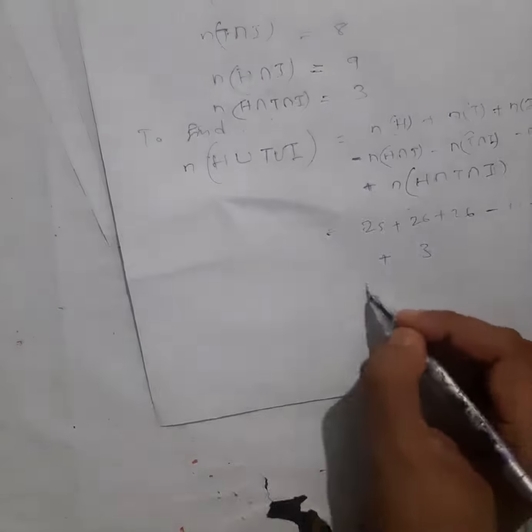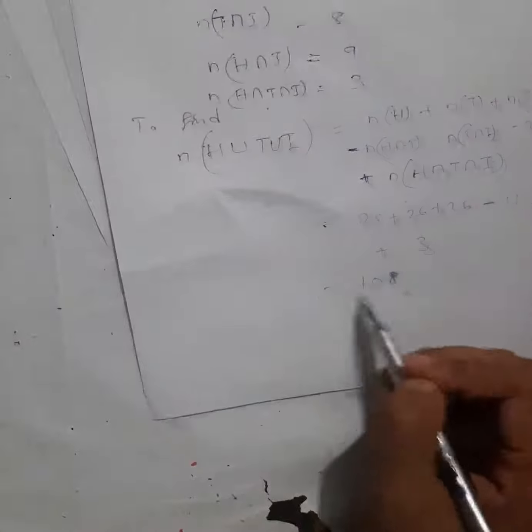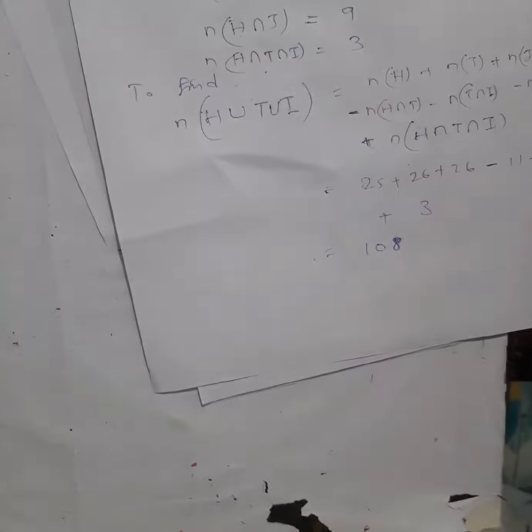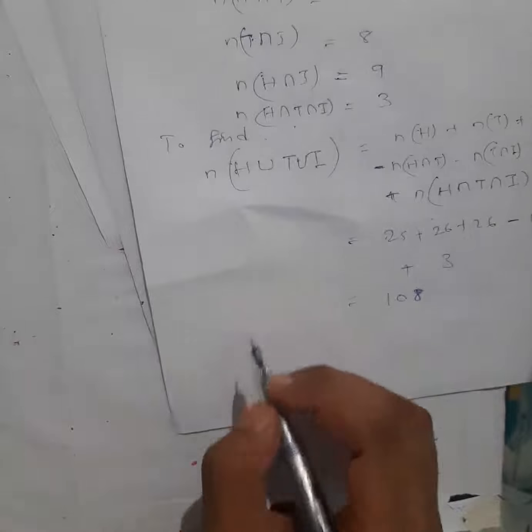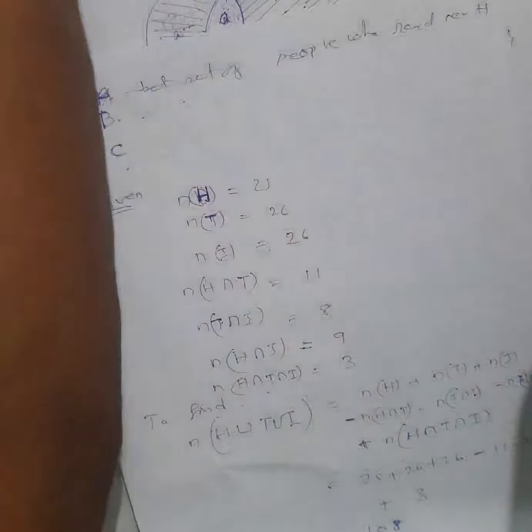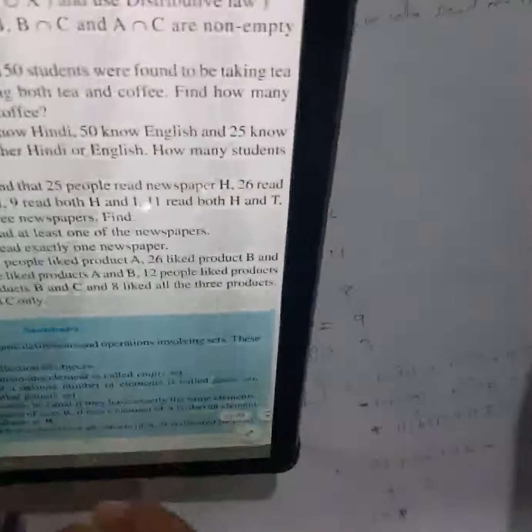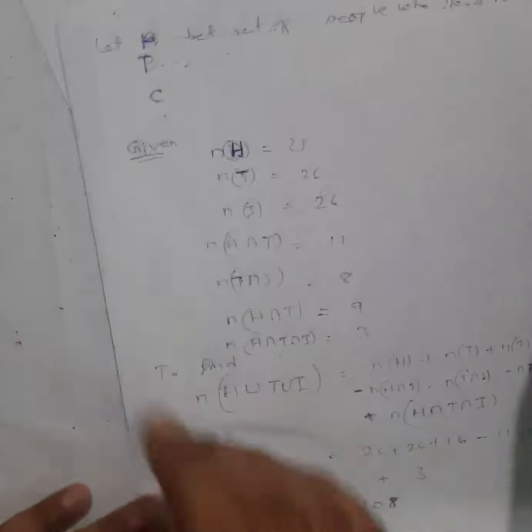I think it will come to be 108. Okay, you calculate properly and write down. If it is wrong also, correct it. Okay, 108. Next they have asked you to find out, I think, exactly 1 newspaper, right? Yes, the number of people who read exactly 1 newspaper. So what do you have to find out?